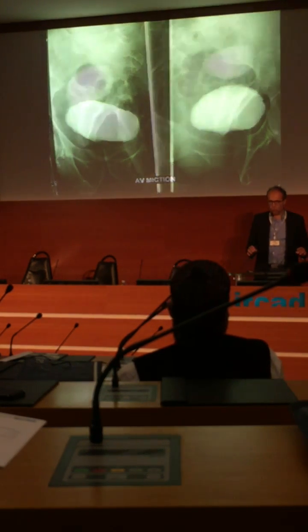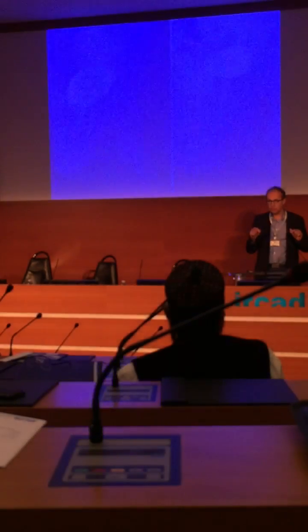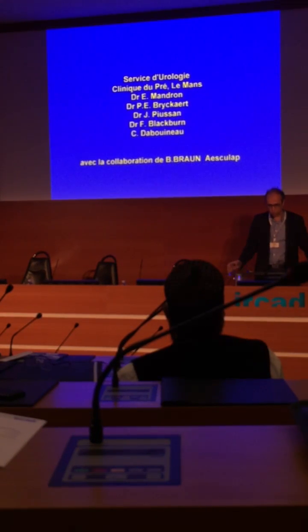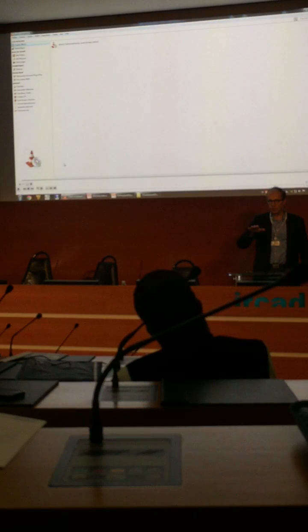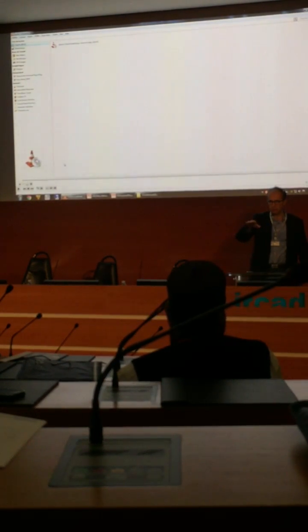So just one comment: for this kind of diverticula, you can also have a transperitoneal approach for women who have a diverticula which is not too posterior. You can have your assistant with a cystoscope in the bladder, entering the diverticula, so you can see the light when you are by a transperitoneal approach.